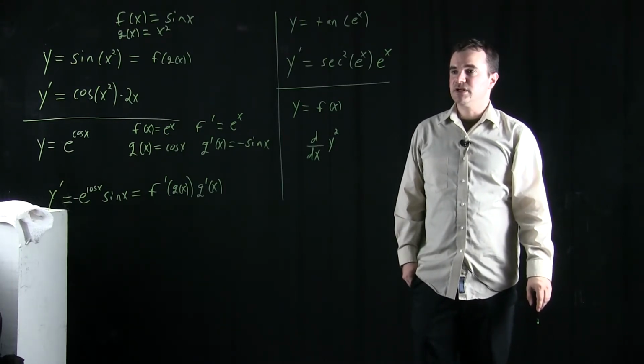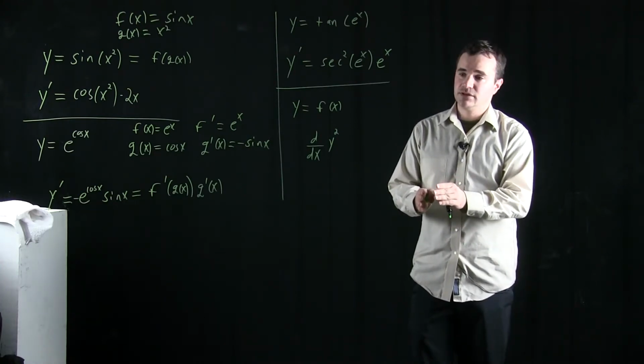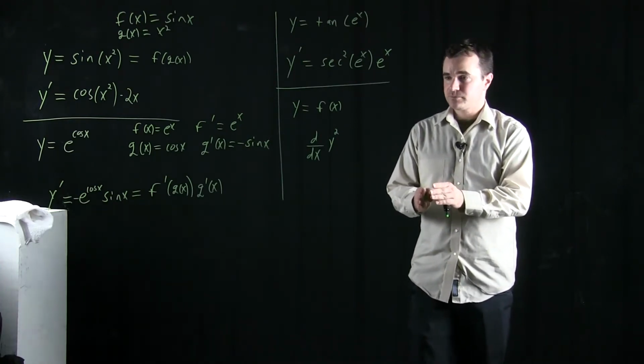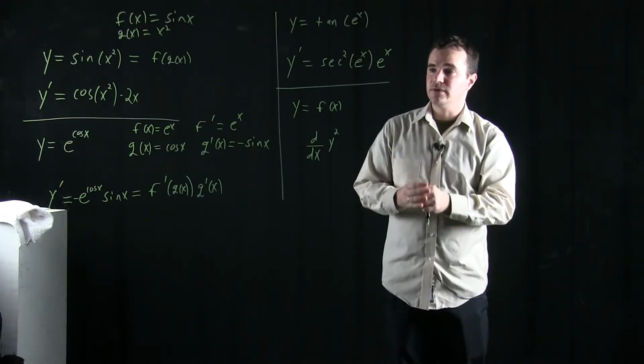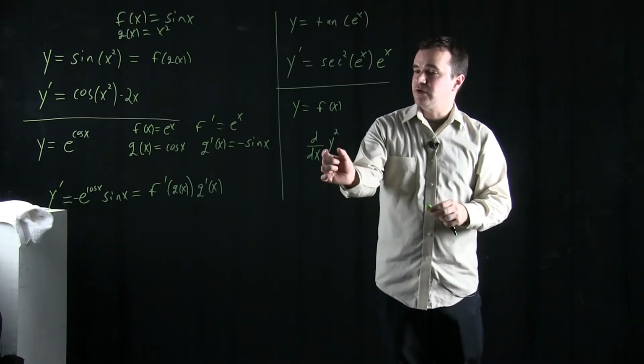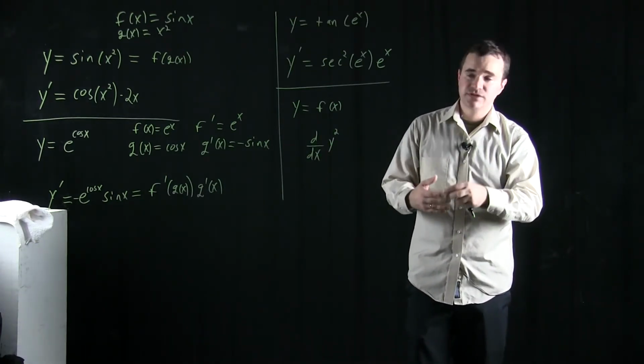And so what's this going to be? So this time I have an outside function, which is taking the input and squaring it, like f of y equals y squared. And my inside function is actually f of x. So I've got f of x raised to a power.